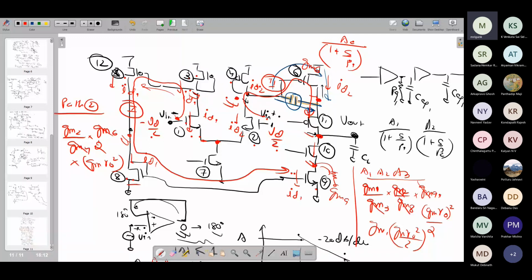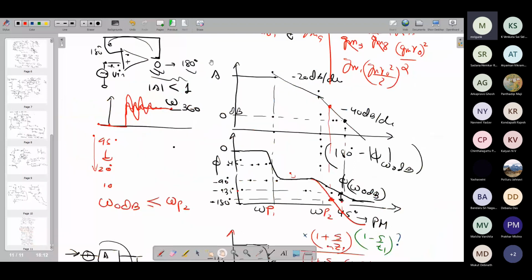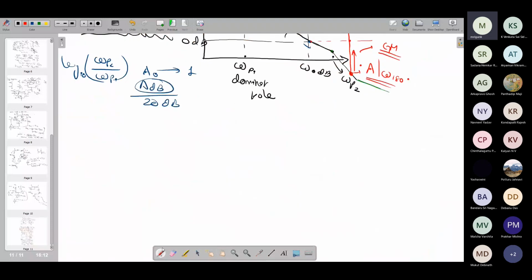Other than that, of course, we have other poles coming into picture, and the two signal paths are different. If you want to do the exact analysis, you will have to combine the two paths. So if the first path has A1, A2, A3, and we saw there are multiple poles, 1 plus S upon P1, 1 plus S upon P2, and 1 plus S upon P3.